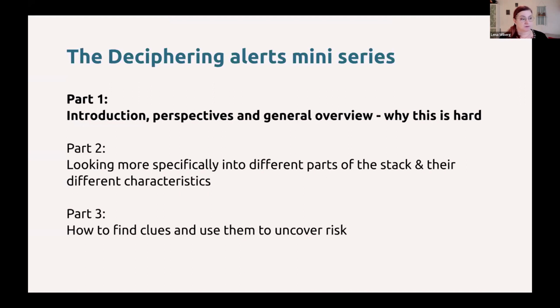And then in part 3, we will look into even more detailed, specific examples of different types of errors that typically occur, so you can skill up as testers and use the things you learned in the first 2 sessions to uncover risk.